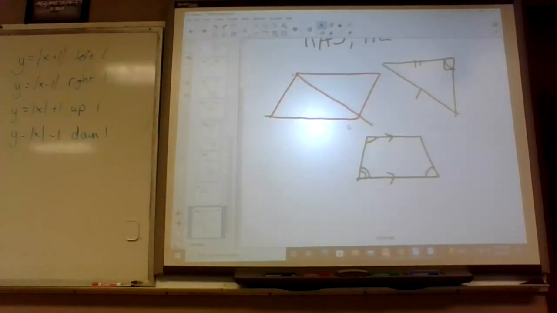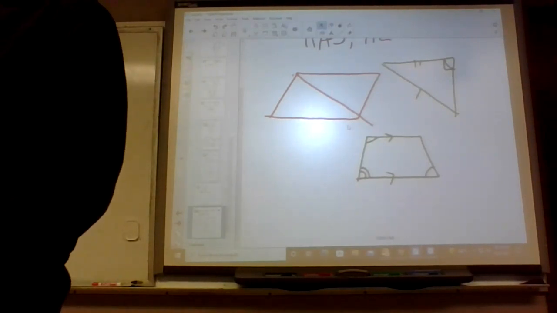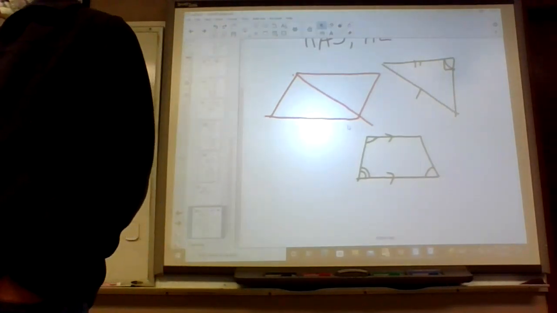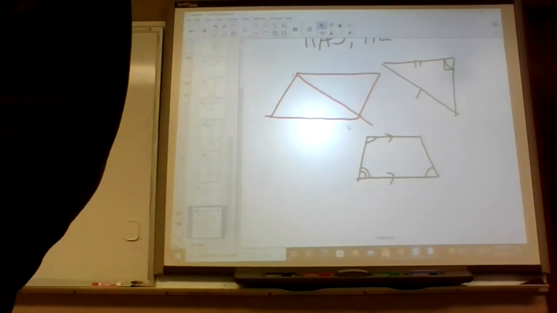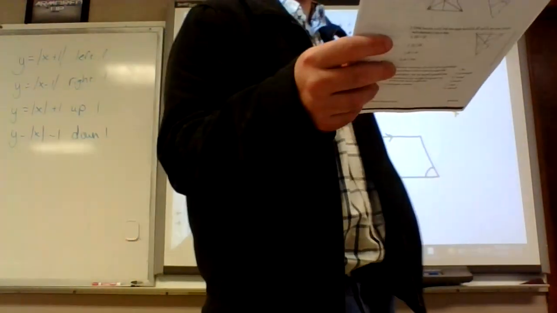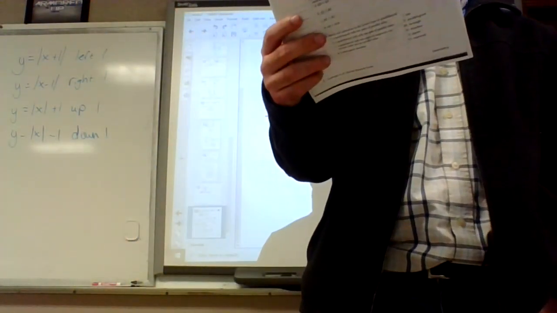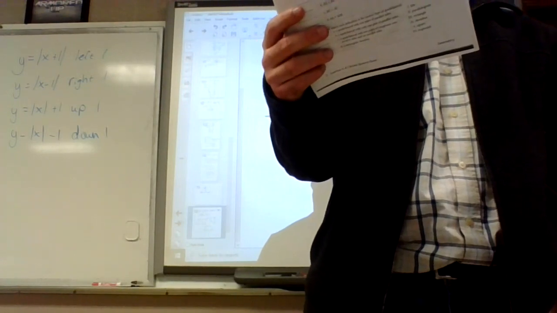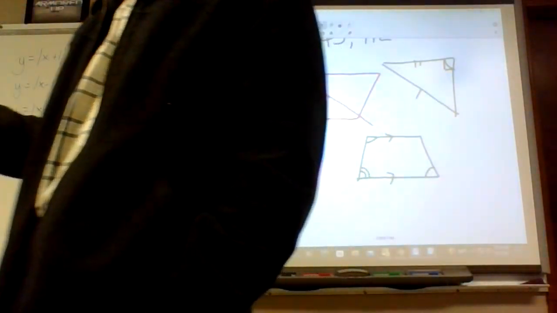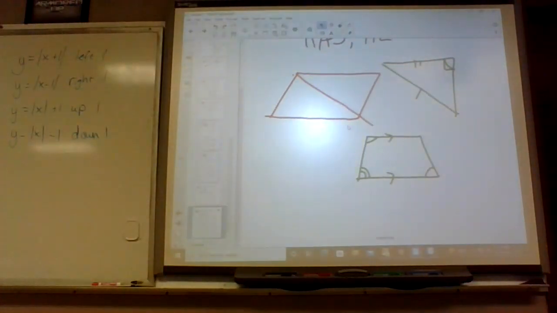We know one pair of consecutive angles is supplementary, but that's not enough information. We don't know all the consecutive angles are supplementary, or that both pairs of opposite sides are congruent. Anyway, C. Yes. How do we know C is a parallelogram? Diagonals bisect.